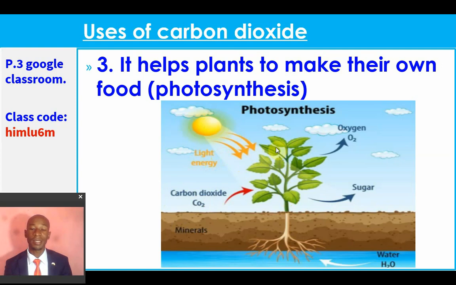We have said that photosynthesis is the process by which green plants make their own food. So the roots are down here reaching where there is water. You can see water here.